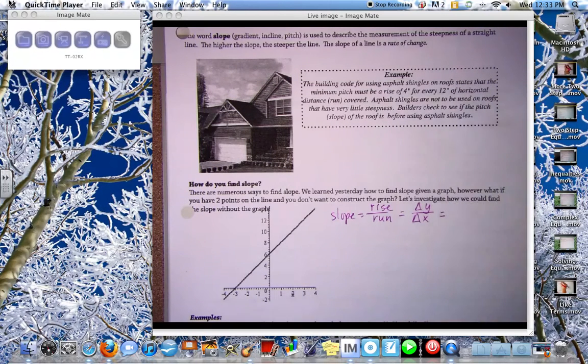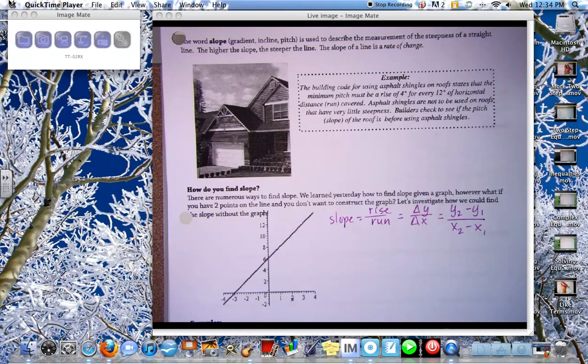And you were given a formula. The formula read y2 minus y1 over x2 minus x1. So we're going to put it all together. We're going to look at how we've been finding the slope, and we're going to look at a new way of finding the slope.